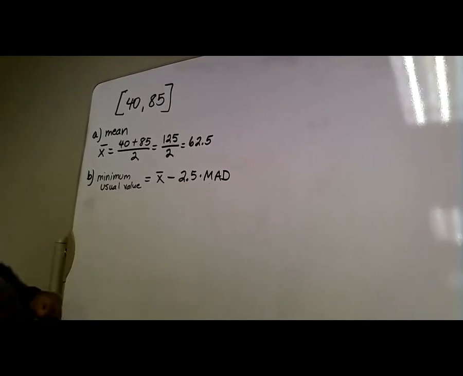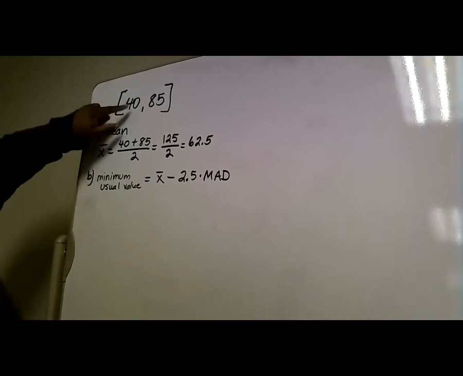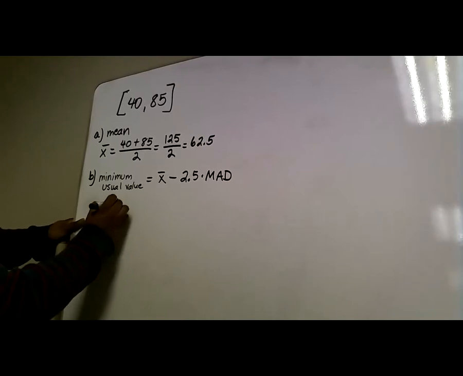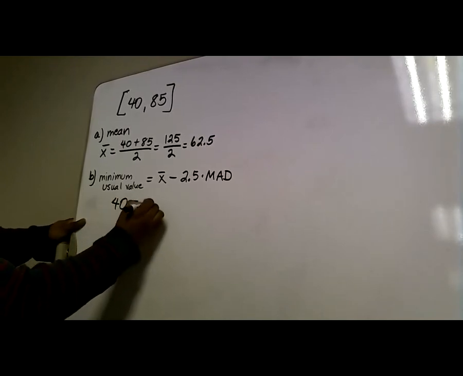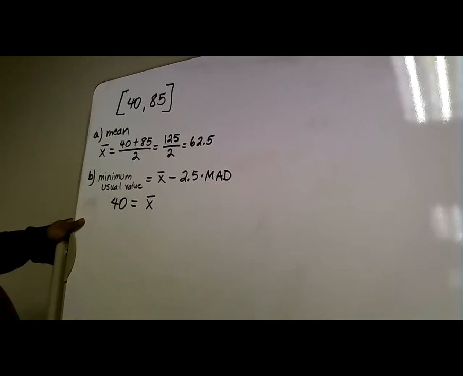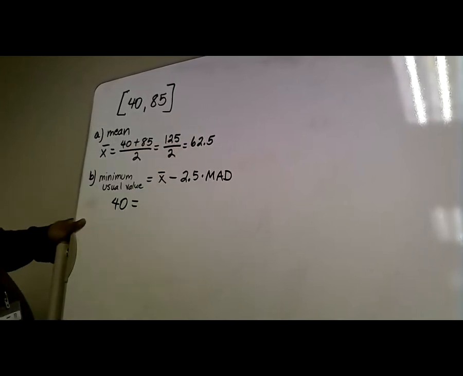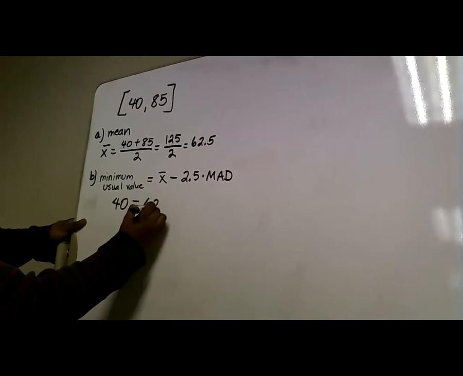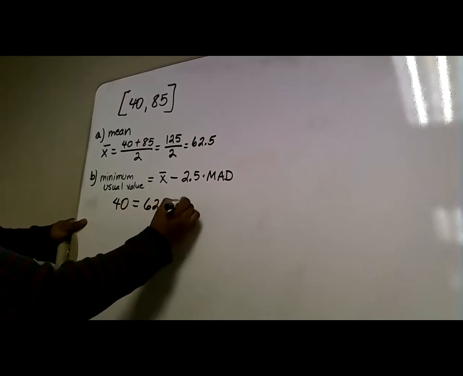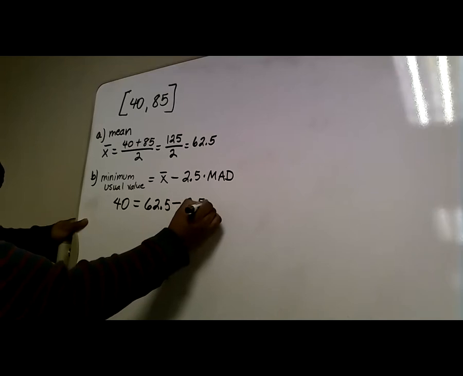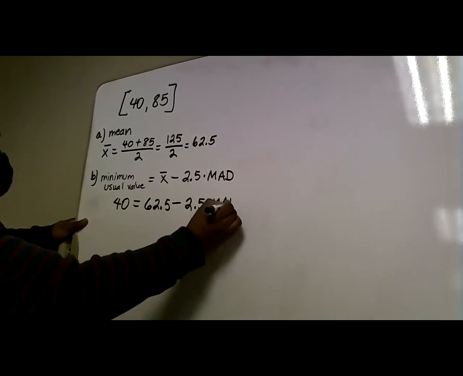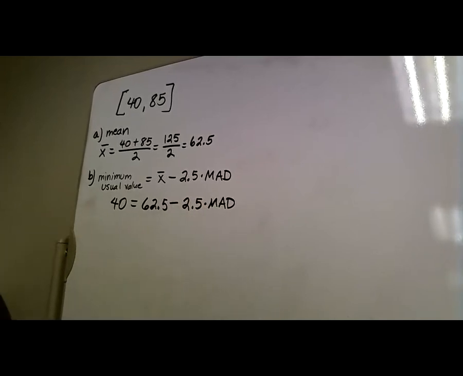So we need to find out what that mean absolute deviation is. We know the minimum usual value here, that's 40. That's given to us right there. And that's equal to X bar, well, we just found out what X bar is, that's 62.5. So let's substitute that. And then that's minus 2.5 times MAD, the mean absolute deviation.